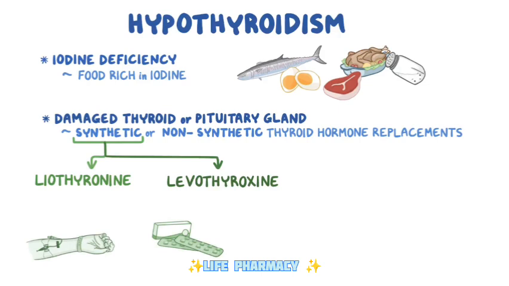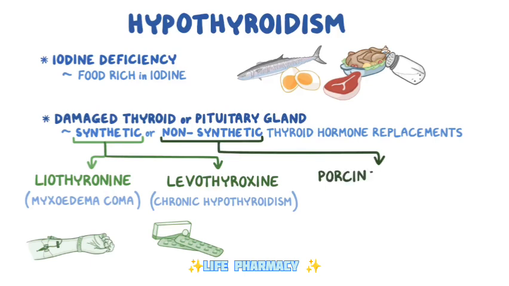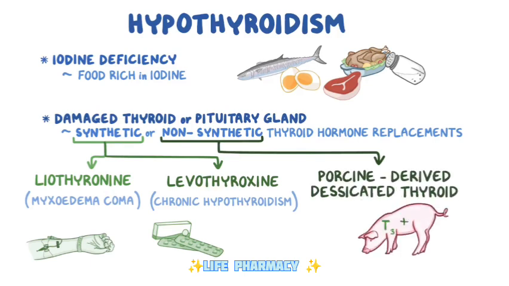Levothyroxine is the drug of choice for treating chronic hypothyroidism, while liothyronine is used for myxedema coma. Non-synthetic thyroid hormone replacement, however, uses porcine-derived desiccated thyroid, which is a mix of natural T3 and T4 derived from pigs, but its effects are much less reliable when compared to synthetic thyroid hormones.